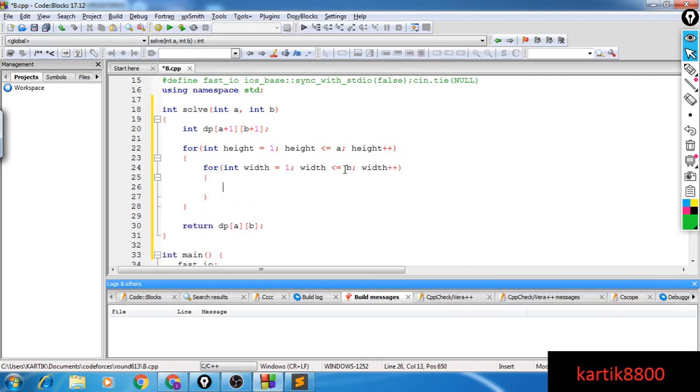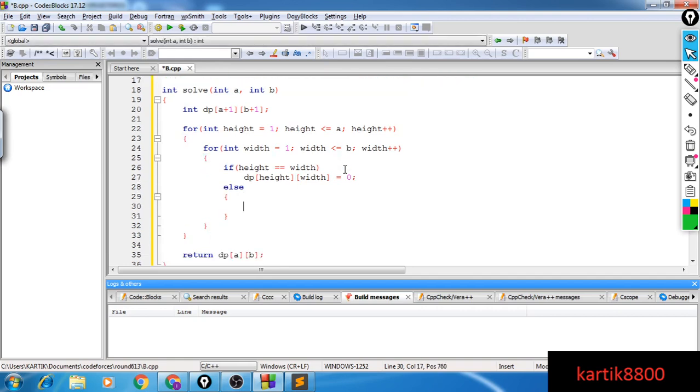So let's think about a particular height and width rectangle. If height and width are equal, then we discussed that the answer is going to be 0. Otherwise, we'll use our recurrences to evaluate the answer.